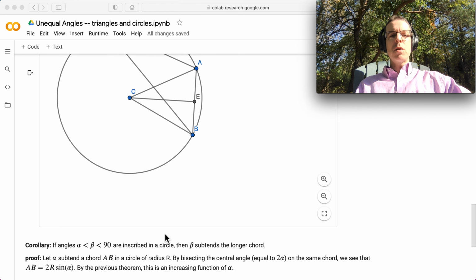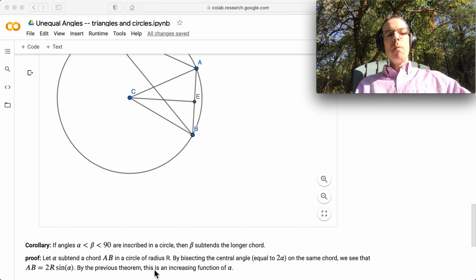So no matter what angle you have, the length of the chord that it subtends, if it's inscribed in a circle, is 2R sine alpha. So if you have an angle alpha and another angle beta, then for alpha, the length of the chord is 2R sine alpha. For beta, the length of the chord is 2R sine beta. And if sine is an increasing function, then 2R sine beta is the bigger length.